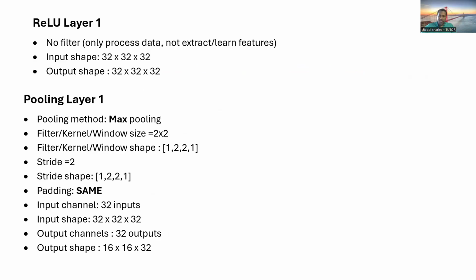So just a little bit after the ReLU layer, here we have the input shape, the same 32 by 32, and the same output because remember the padding was the same. So nothing changed here. But then if you look at the pooling, it also has a filter. We use this method called max pooling.